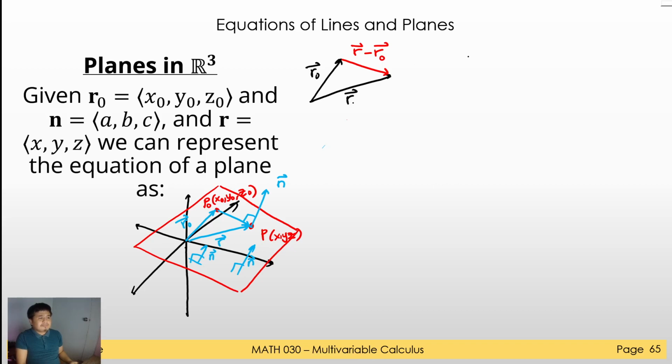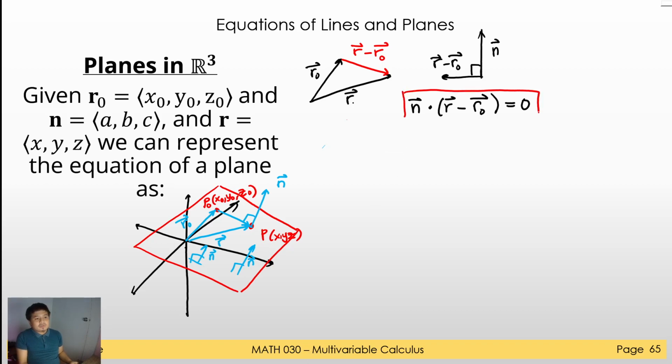So this n vector is orthogonal to r minus r sub 0. Therefore, if you can remember, the dot product of these two vectors should be equal to 0. So there goes our first relationship to represent the plane.